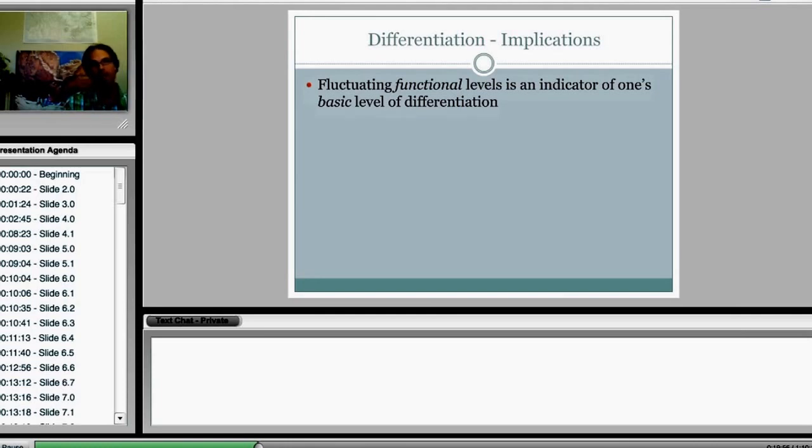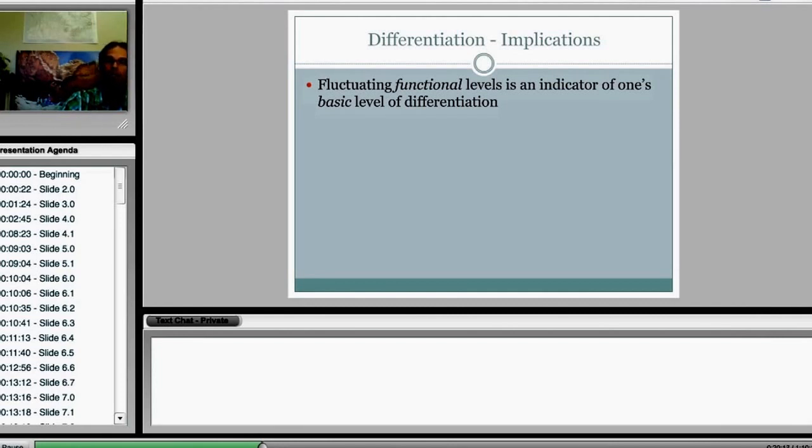So when we're talking about high levels and low levels, understand that we all fall somewhere on this continuum. The goal, our own personal work, is what do we need to do to increase our personal level of differentiation so as to have a greater level of maturity, and adolescence is really the time to do that.